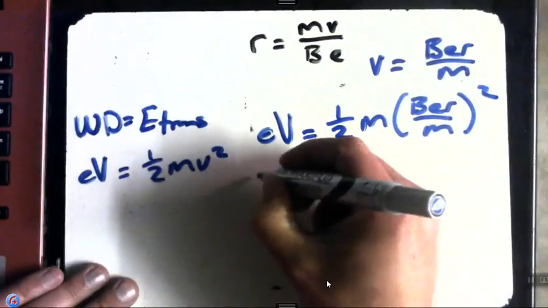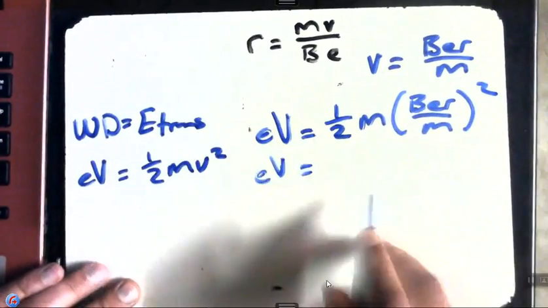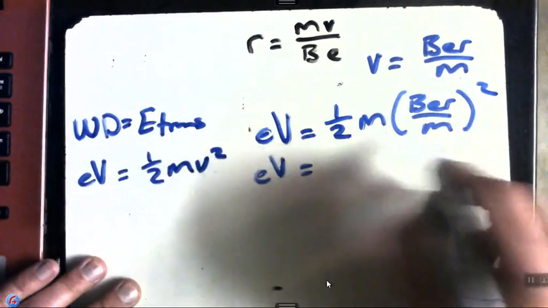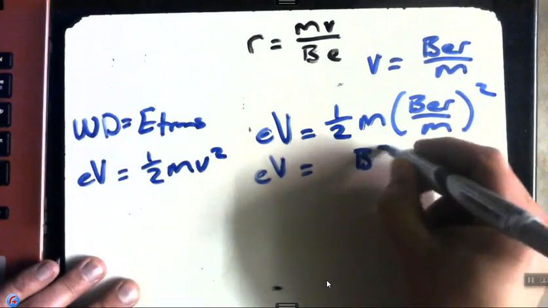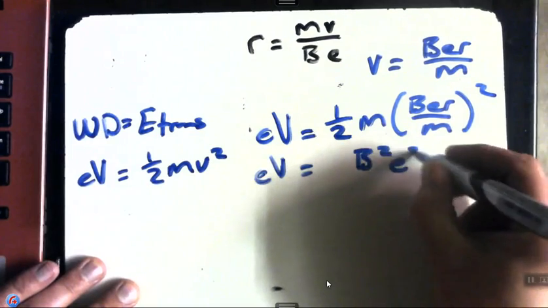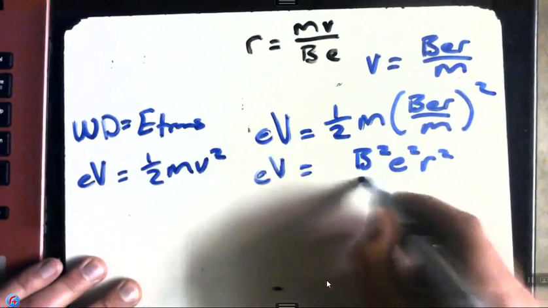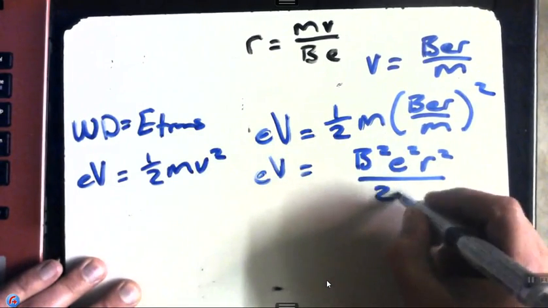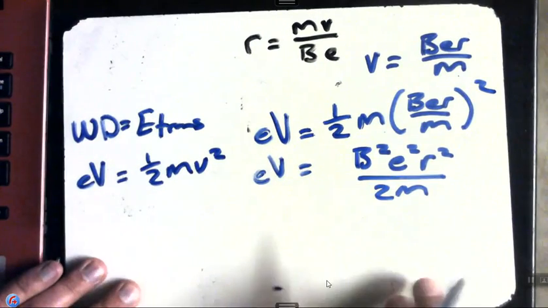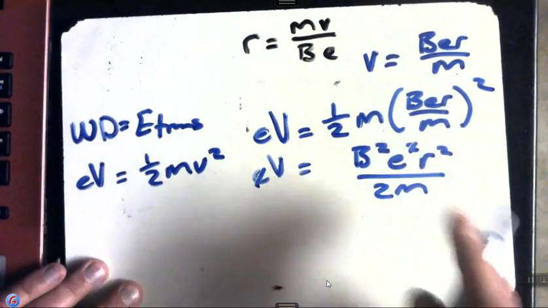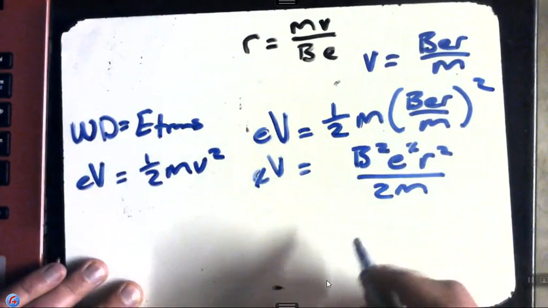If we square all of that, the m's cancel out, so we're going to have B squared, e squared, r squared. The m's cancel out, the 2 goes to the bottom, 2m. And then we can cancel out our e with one of those.